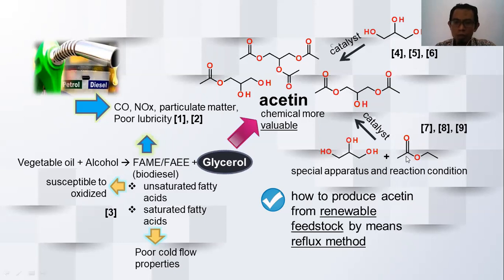The last method needs special apparatus and reaction conditions. So in this work, we demonstrated how to produce acetin from renewable feedstock by means of the simple reflux method.